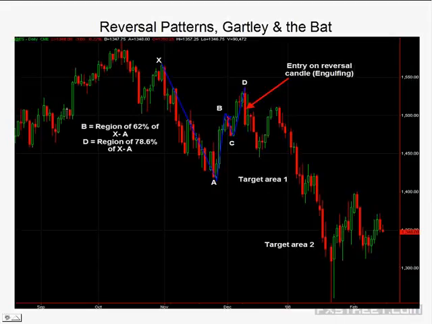B came up to 61.8% of the move X to A, and then D is 78.6. Right, so on down it moved, and of course, there we are, the candle evidence, a big, deep engulfing candle, and of course then that set the scene that this was going to move on down.